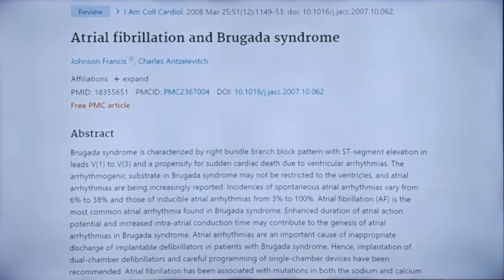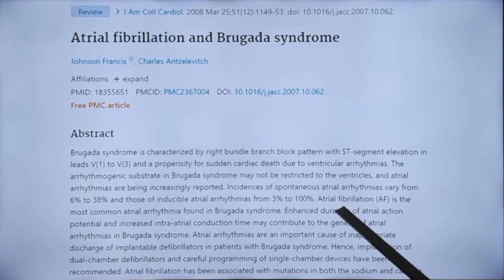Even though Brugada syndrome is well known for its ventricular arrhythmias, the arrhythmogenic substrate may not be restricted to the ventricles, and atrial arrhythmias are being increasingly reported with varying levels of spontaneous atrial arrhythmias.